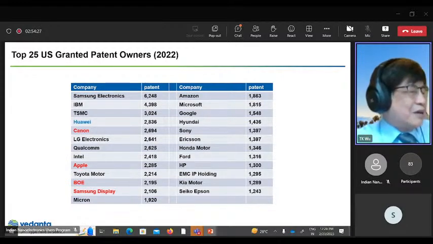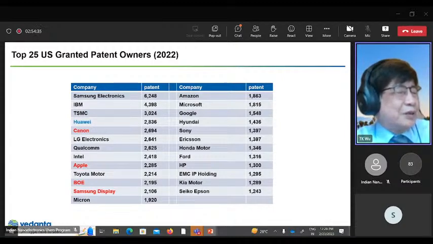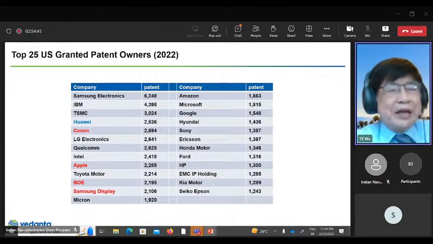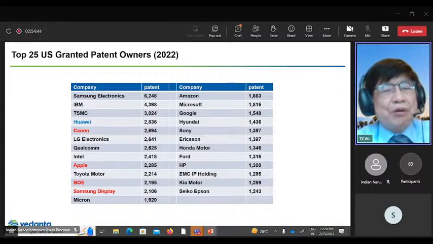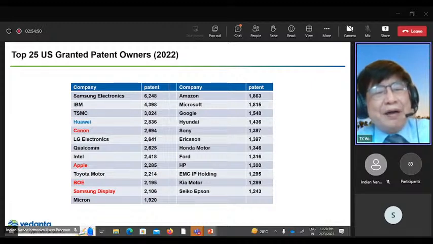Then I downloaded the top 25 US granted patent holders last year, in 2022, as the table. The red ones are display related. For example, Huawei has a lot of display patents. Canon is a display machine maker. Apple has a lot of display patents. BOE is a display maker.